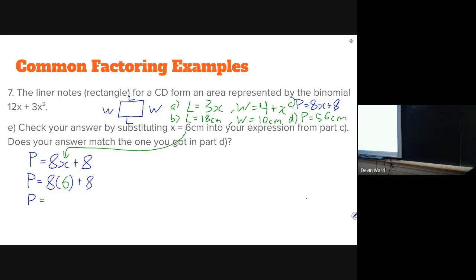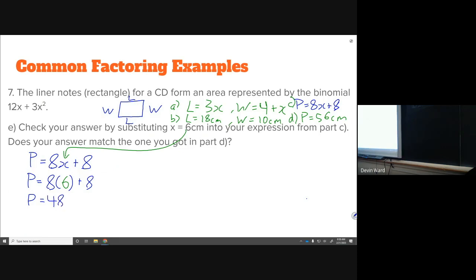We want to multiply first and then we'll add at the end. 8 times 6 plus 8. Perfect, so we'll do 8 times 6, then add 8 after that. 48. Perfect, 8 times 6 is 48, 48 plus 8. 48 plus 8 would be 56. Agree? Meaning that this is the same as what we got for D, meaning we did it right. Exactly, perfect, Tristan.